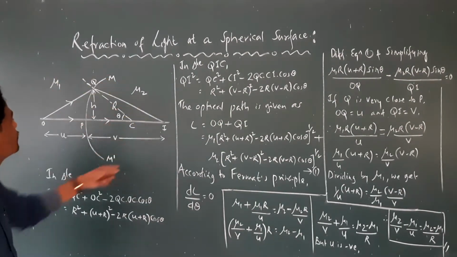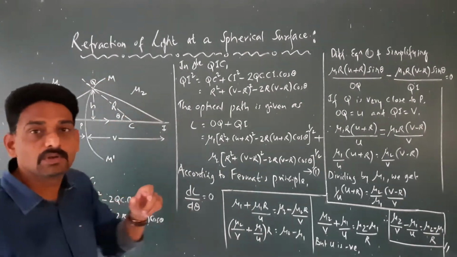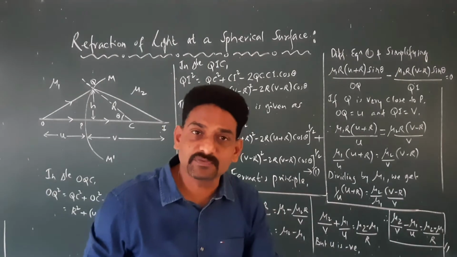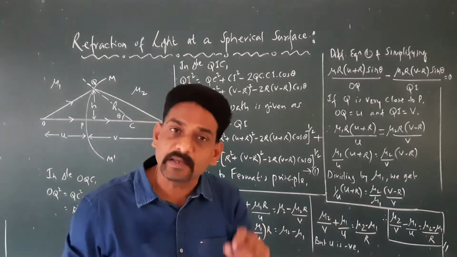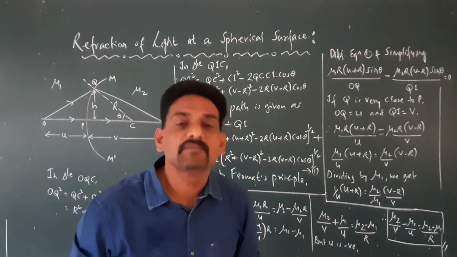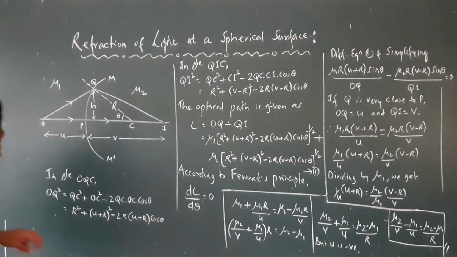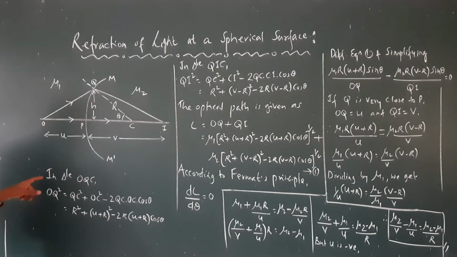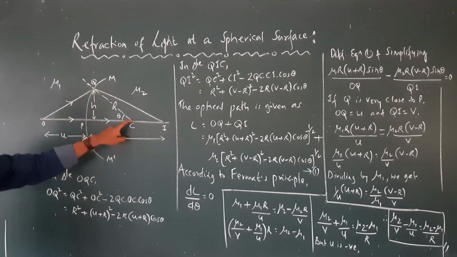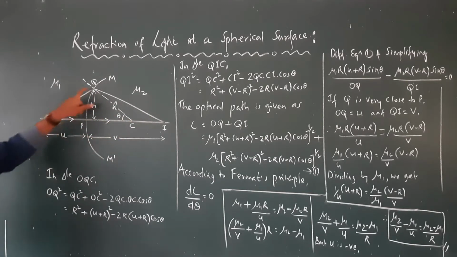So with these things, now we are going to derive the expression for refraction at a spherical surface by applying Fermat's principle, right? So for that, in triangle OQC, consider the triangle OQC.